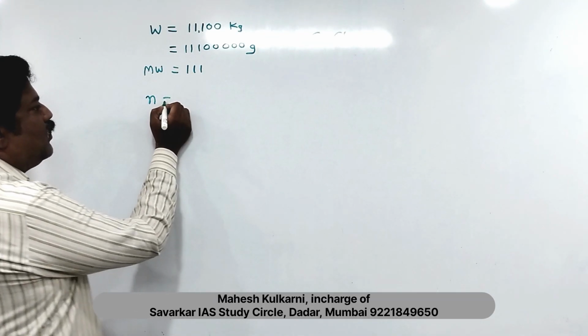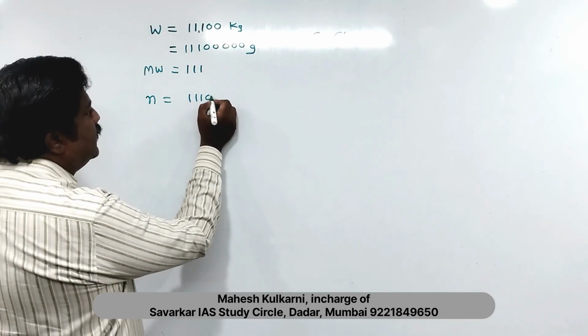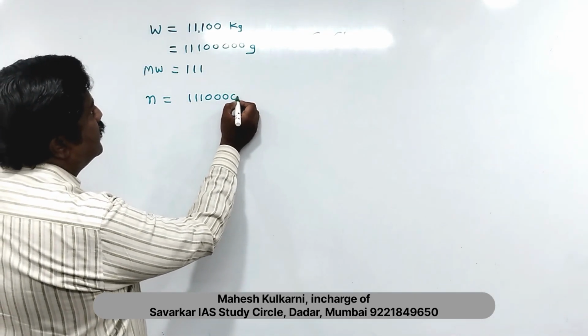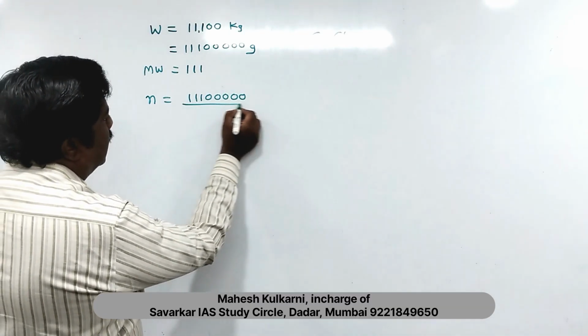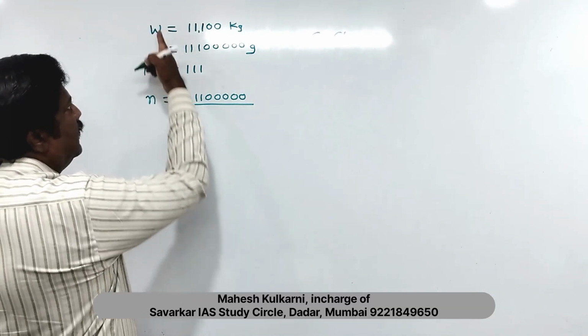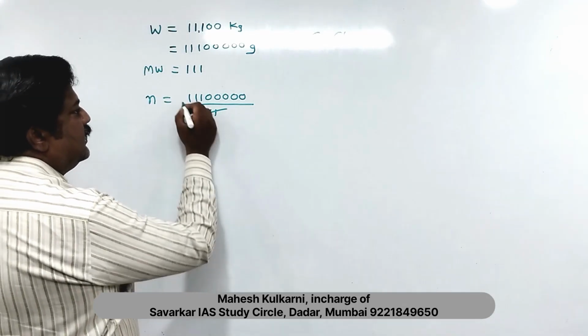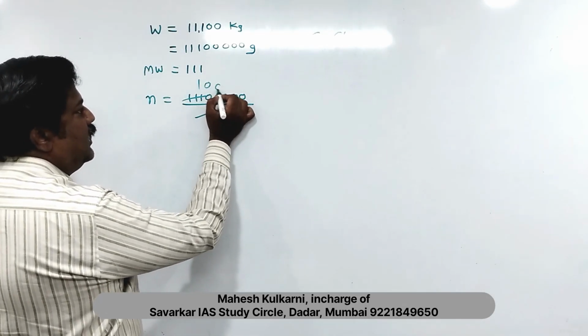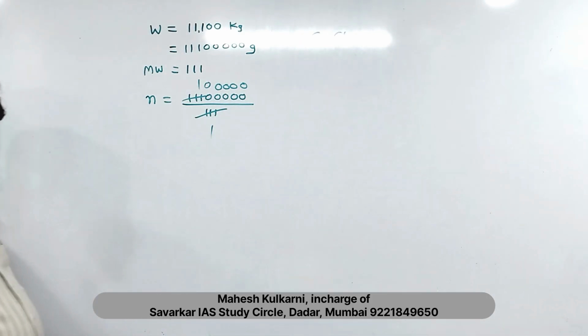Next, find out number of moles. 11100000, 5 zeros. That is W upon MW. MW is 111. This is 1 and then put 1 2 3 4 5 zeros. So this is number of moles.